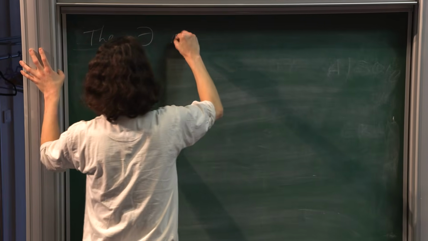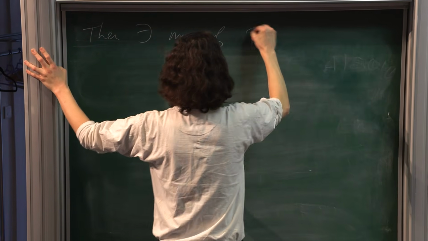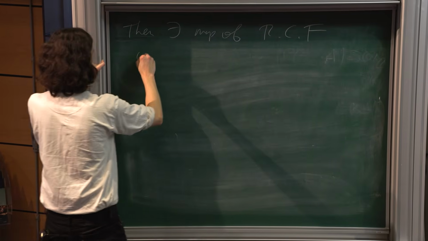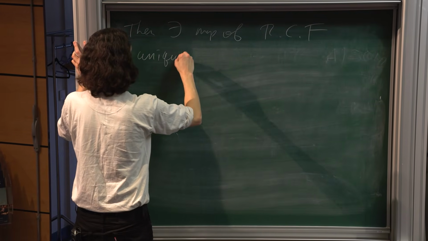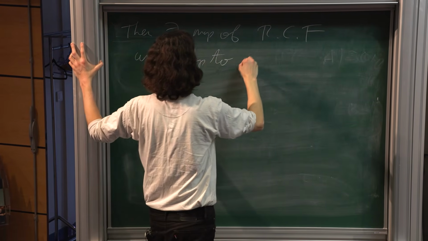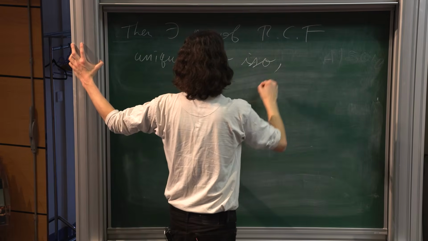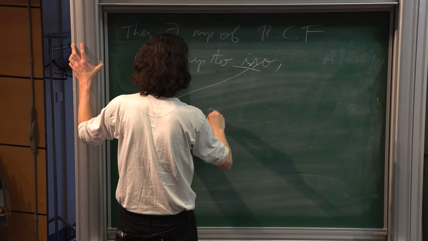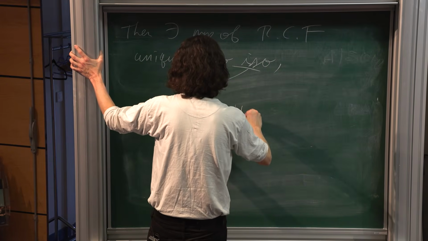Then there exists a map of refined class formations, which is unique up to isomorphism. But the set of isomorphisms will be in bijection with, again, some Hom group.